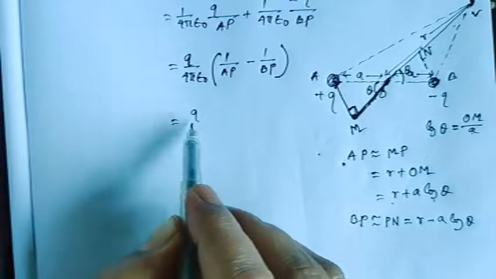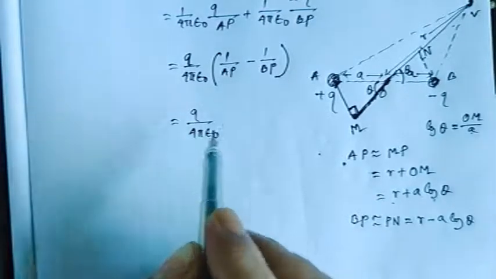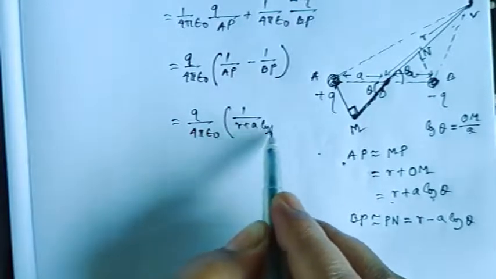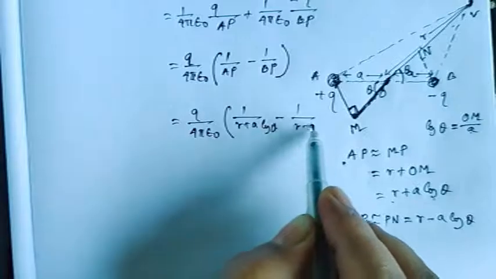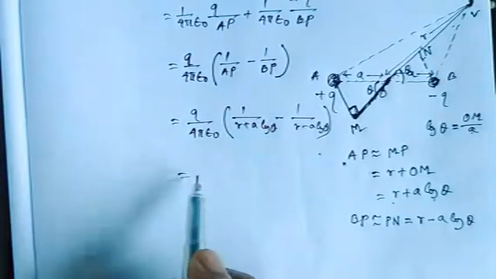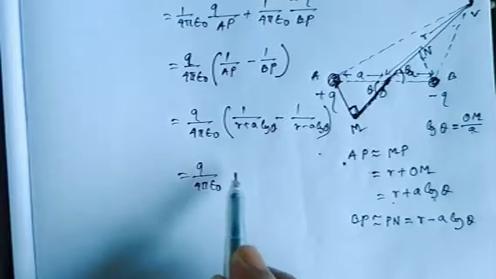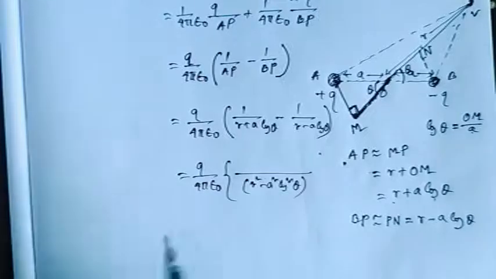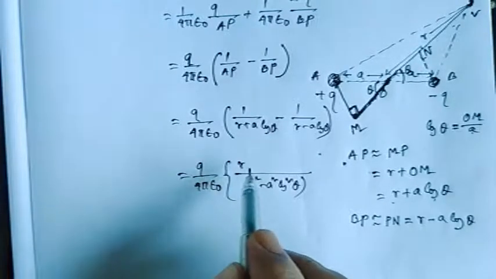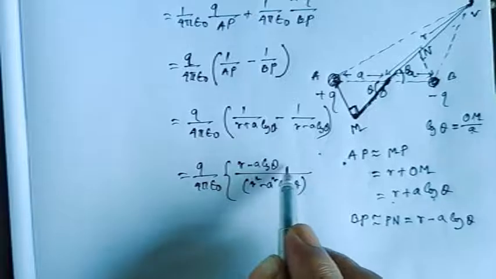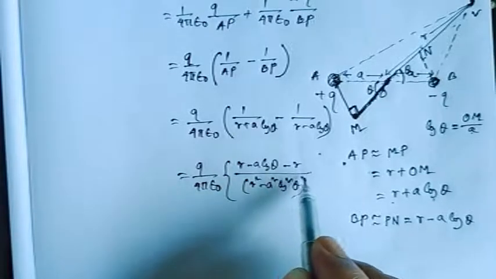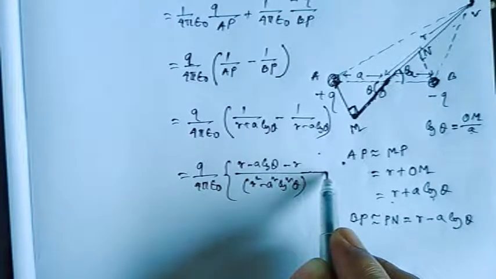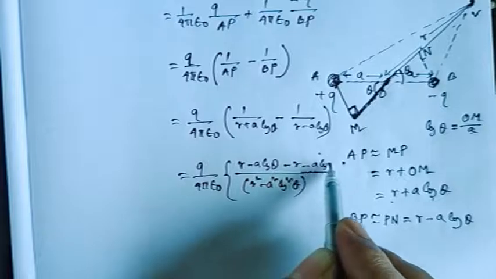Therefore, this one will be Q by 4 pi epsilon naught, 1 by AP, that is equal to 1 by R plus A cos theta minus 1 by R minus A cos theta. Therefore, Q by 4 pi epsilon naught within this R square minus A square cos square theta, and here it will be R minus A cos theta minus R minus A cos theta.